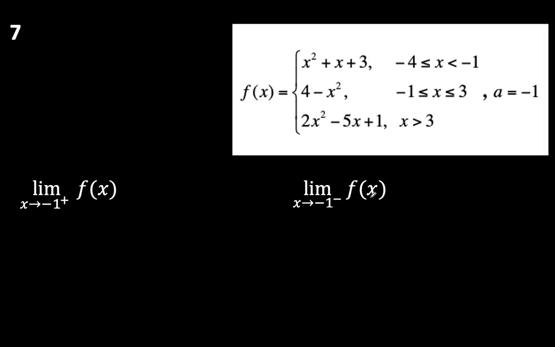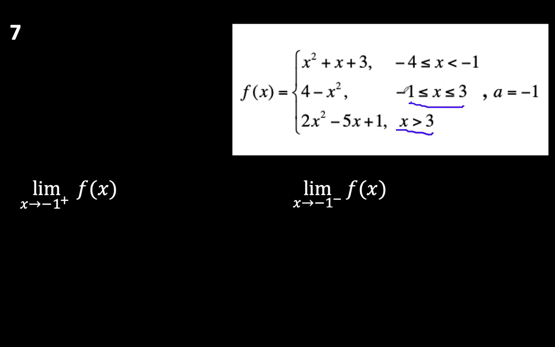And how about number 7? Okay, so the limit of f of x as x approaches negative 1 from the right. So all of the values of x which are greater than negative 1. Values of x which are greater than negative 1 can be found here or here. However, we need to consider this because these are the points which are closest to negative 1 compared with these values of x, right?